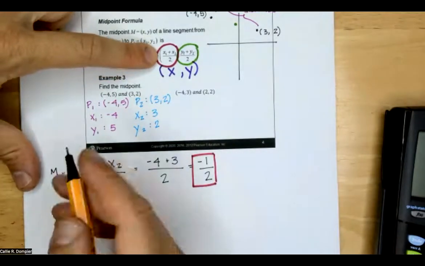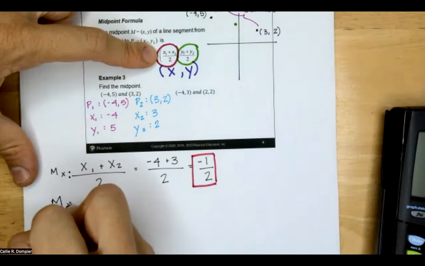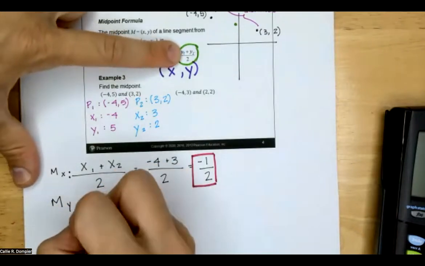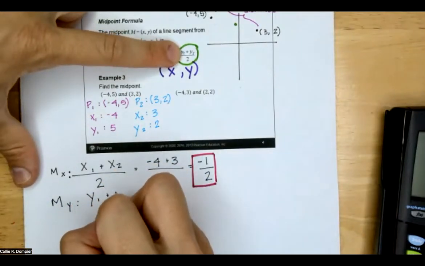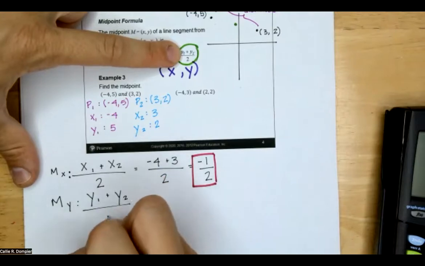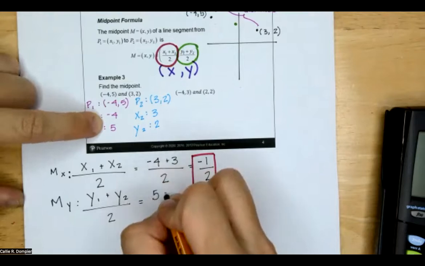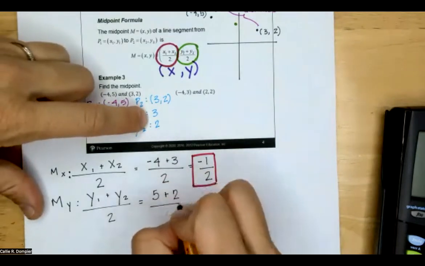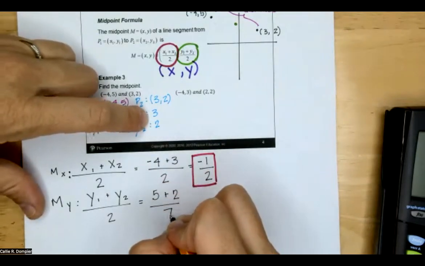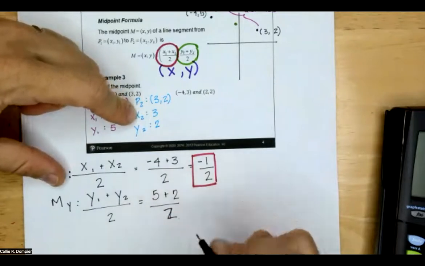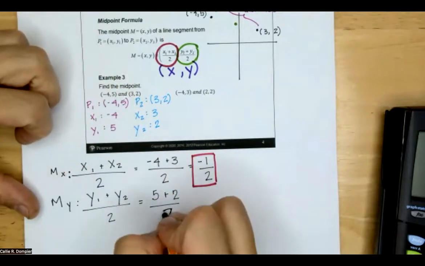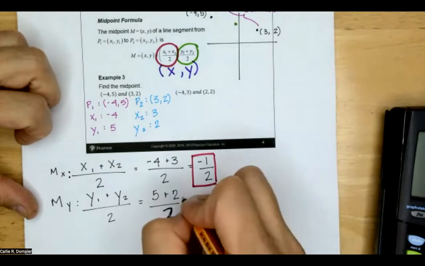Now I'm going to do my midpoint y value. That means I have y1 plus y2 over 2. My y1 was 5. My y2 is 2. 5 plus 2 over 2. I got too excited and went straight to 7.